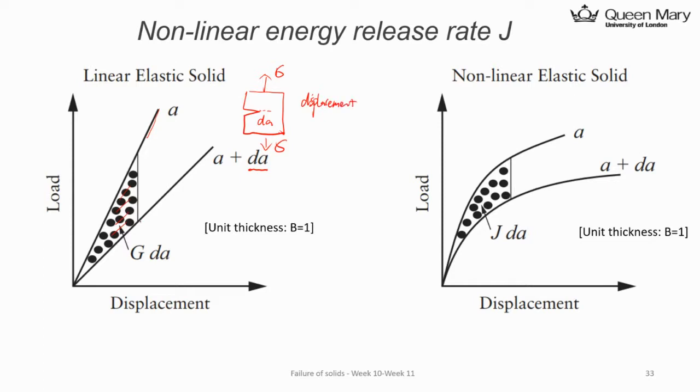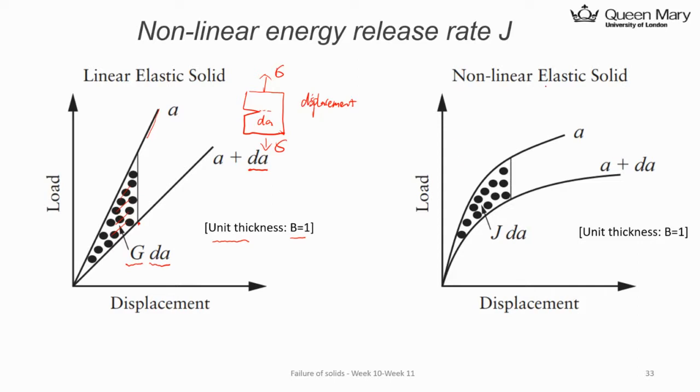You are comparing the same displacement here, and you find the energy released is equal to G times the surface area, assuming a unit thickness plate, B equal to 1. So that is the area here.